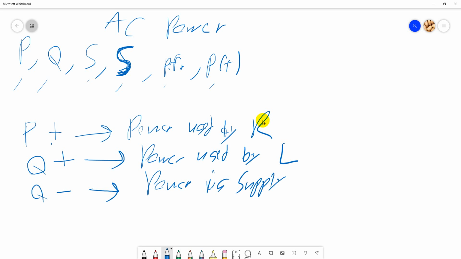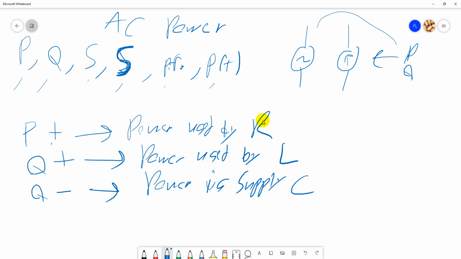Remember, in DC, I taught you the basics. If positive, it means use or absorb; if negative, it means supply. But for C, Q negative means that it is supplied by C. Make sure that you know that the source supplies both real and apparent power, but C only supplies apparent power.